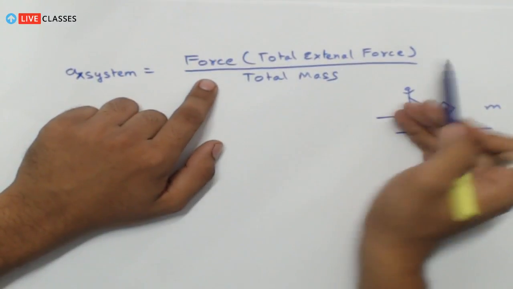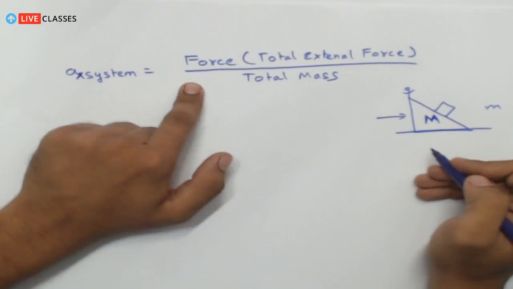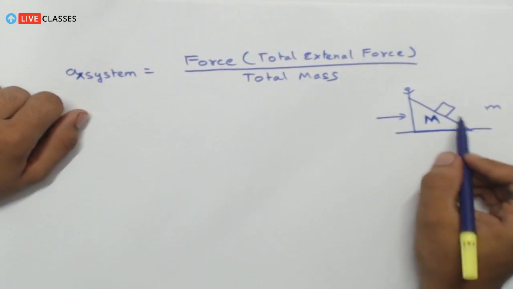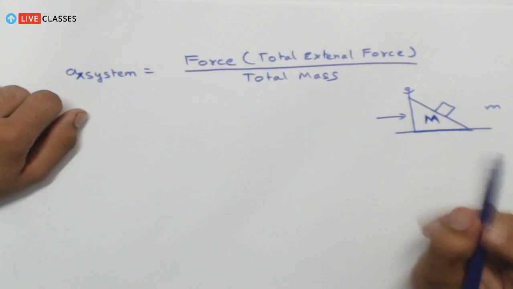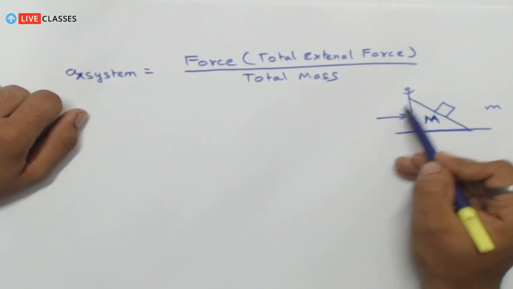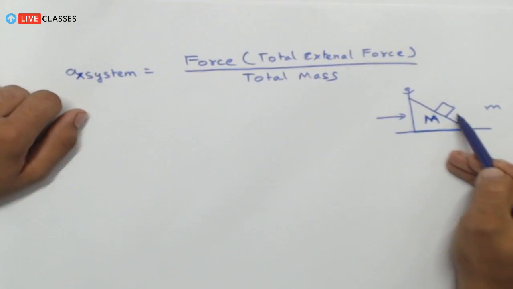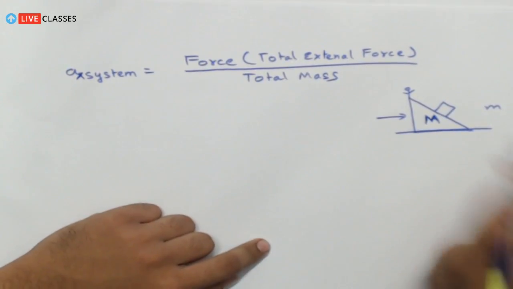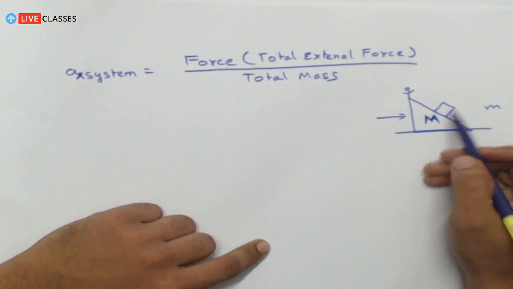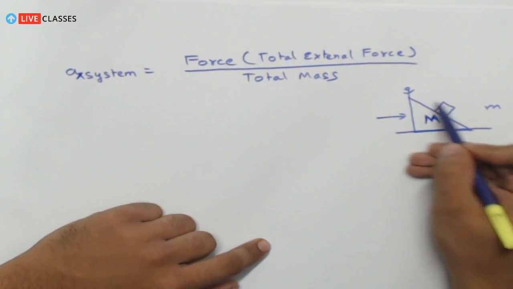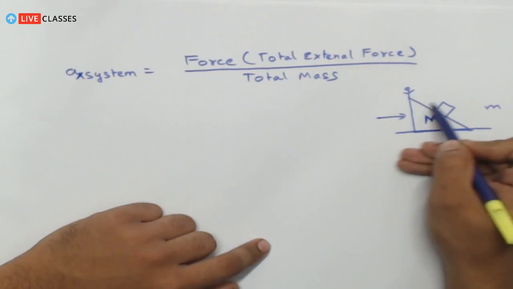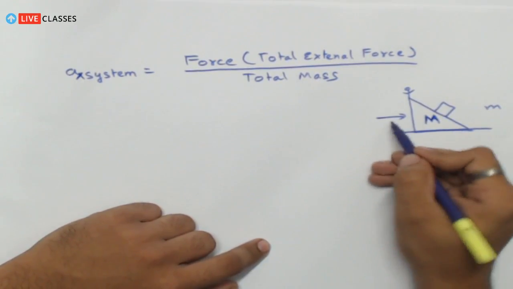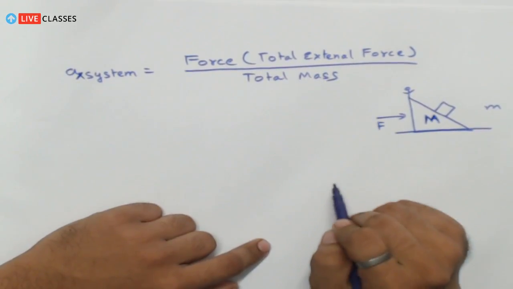So what is the formula? Total external force acting on it. As we are dealing with the horizontal acceleration, we will take only horizontal external forces. I explained this kind of question in the last lecture, so you should be quite comfortable with it. The total external force acting on this system in the horizontal direction is F, only this force.